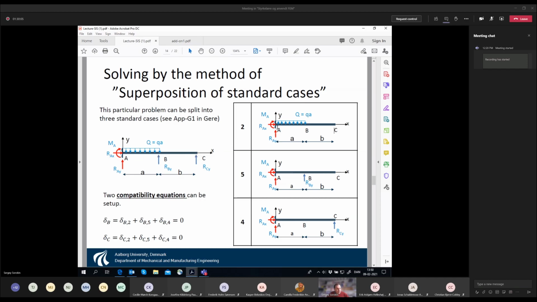So here I introduce superposition, and I say that point B will definitely deflect due to the action of force Q, due to the action of force RB, and due to the action of force RC. But if you put them together, it must be zero, because they are acting simultaneously.